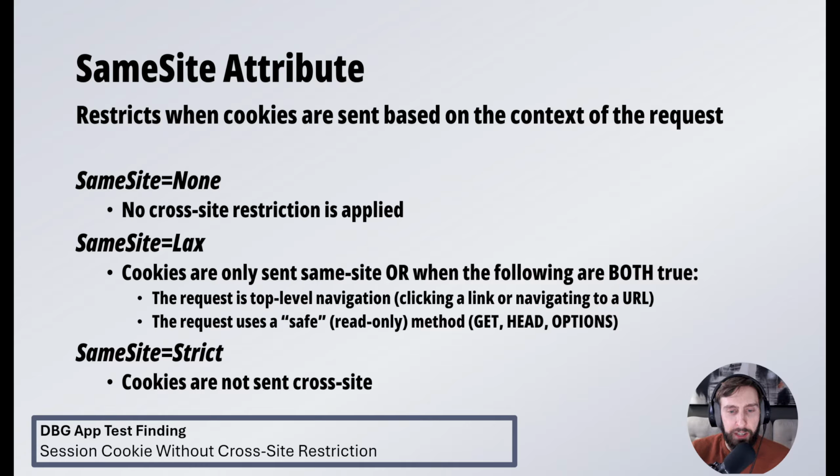Cookies are sent in a couple of situations. One is where requests are same site. So what does that mean? If you initiate a request from one site and your target is another site that belongs to the same site, right? Think site and origin, then that request will succeed. Well, even that is a little bit problematic because, as we know, site is more permissive than origin. Same site requests can be cross-origin.